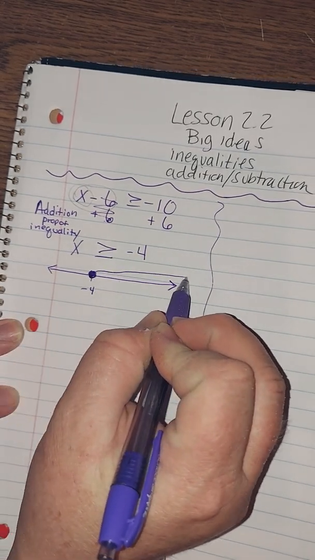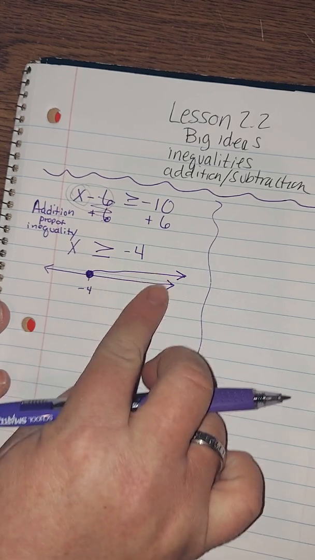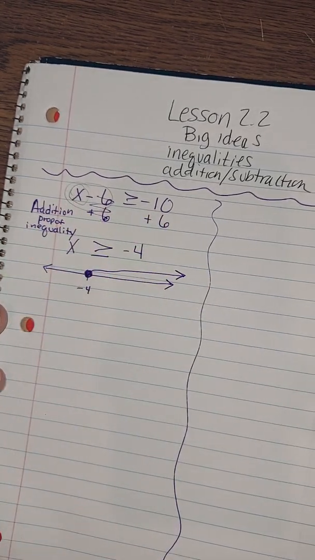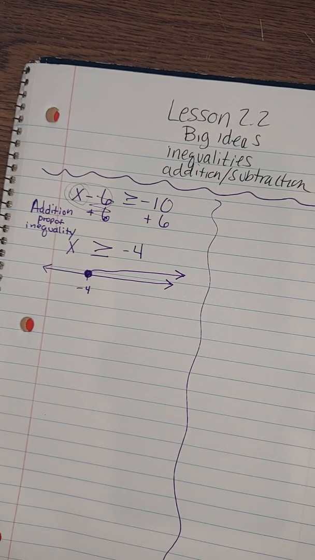That's to the right. So everything greater than negative 4. You can pick a number that's greater than negative 4, plug it back in, and it'll make that inequality true. And that's not a bad thing to do because then you can check your work.